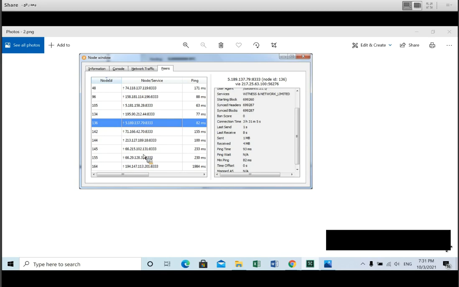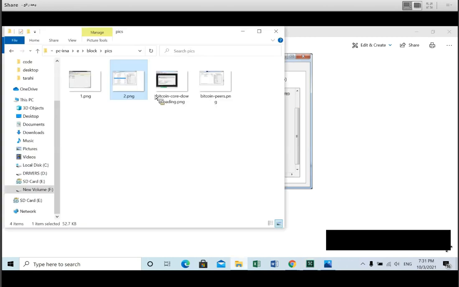By these 10 nodes, my core client received all the information from the network, for example newly created transactions, newly created blocks, everything. And let me show you another picture.